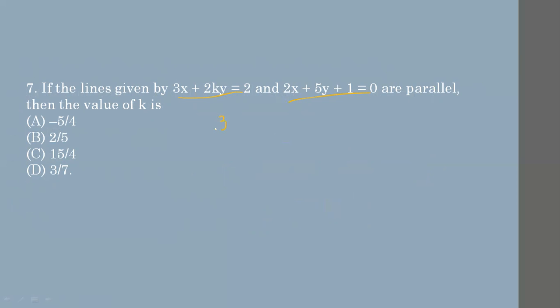So 3 by 2 is equal to 2 into k by 5. So this 5 will multiply here and this 2 will multiply here. So 15 equal to 4k, we will get, and k will be obtained by division. So we will get the correct answer as option C. 15 by 4 equal to k.